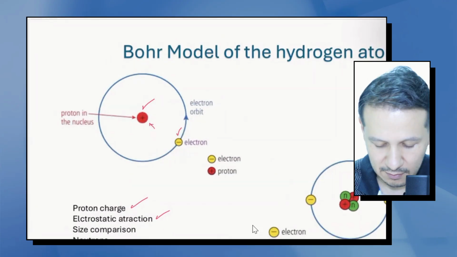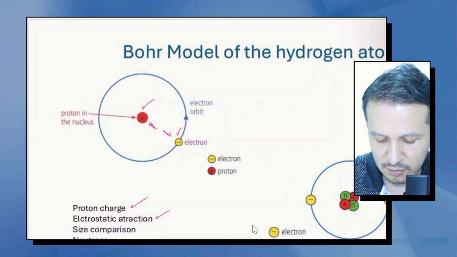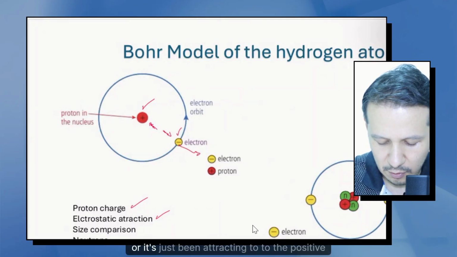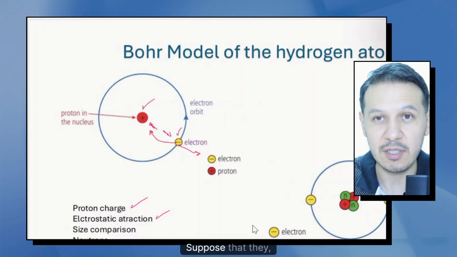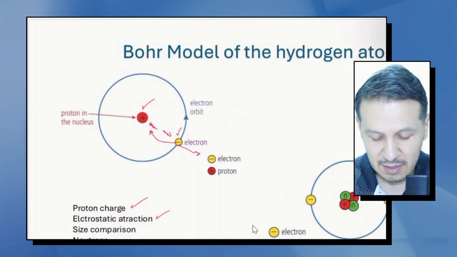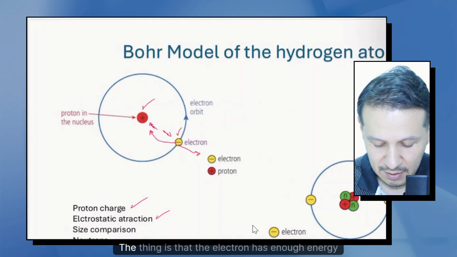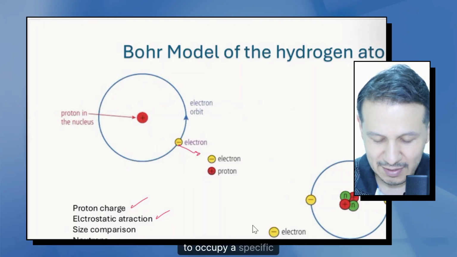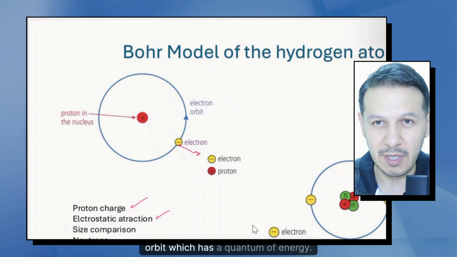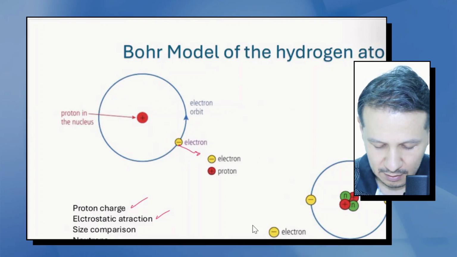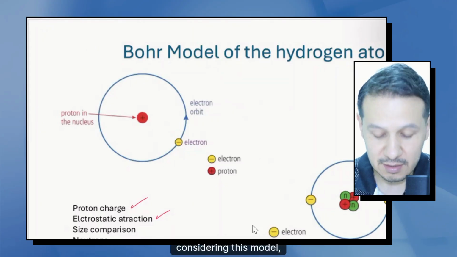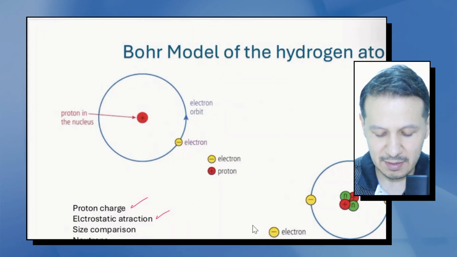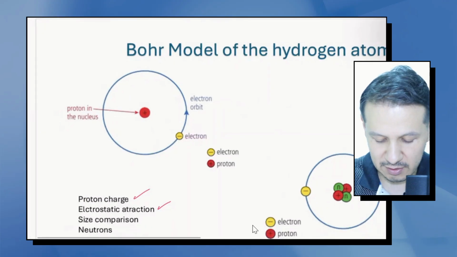That's why the electron is just being attracted to the positive charge, since opposite charges attract each other. The thing is that the electron has enough energy to occupy a specific orbit, which has a quantum of energy. So the electron is moving in this orbit, attracted by the proton.